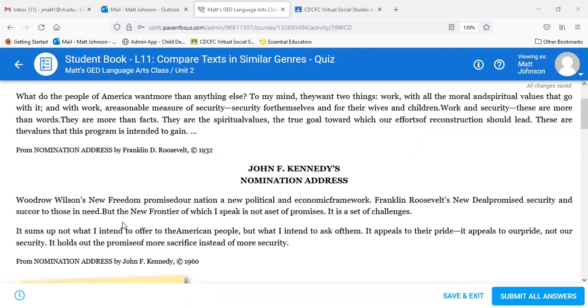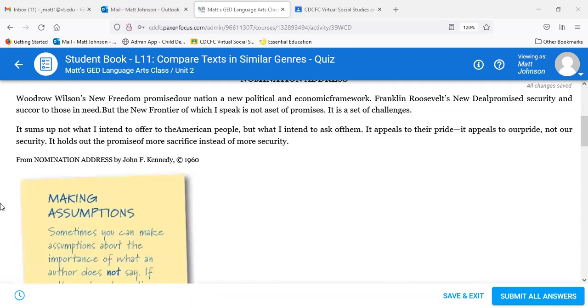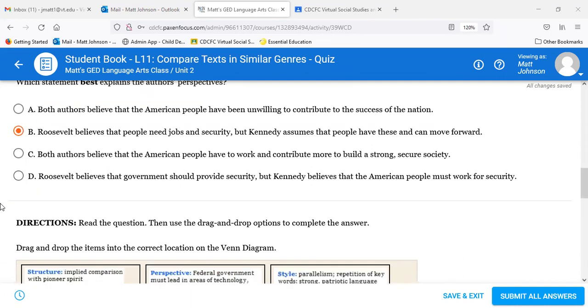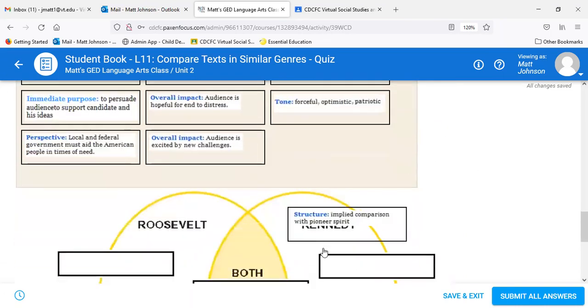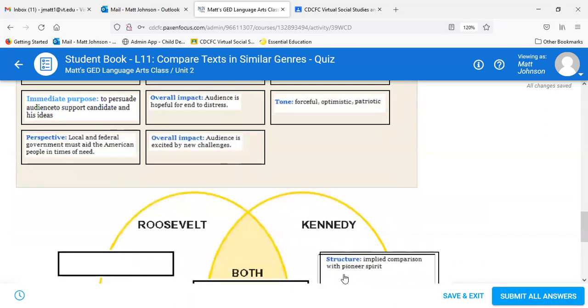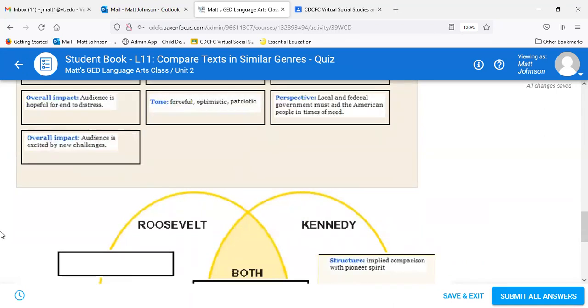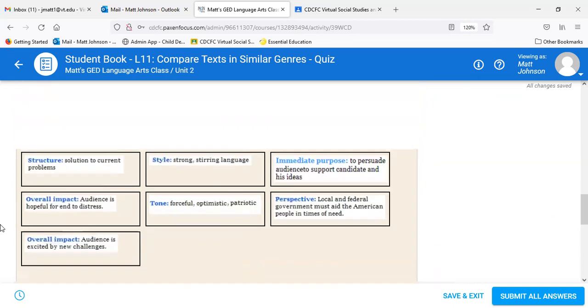A frontier is the realm of a pioneer. He said, "The new frontier of which I speak is not a set of promises, it's a set of challenges." So a pioneering spirit is largely Kennedy's. We'll drag and drop implied comparison with pioneer spirit over to Kennedy.